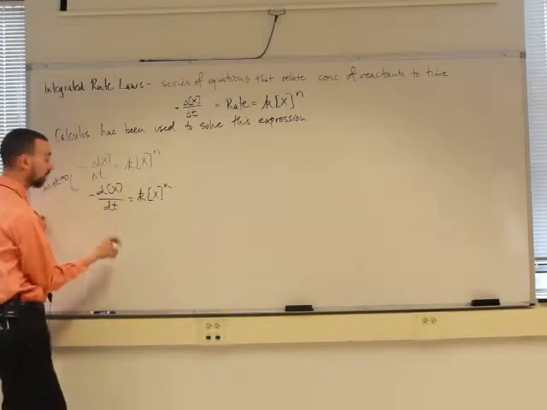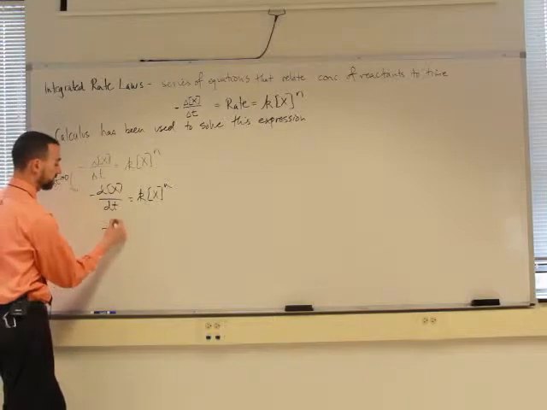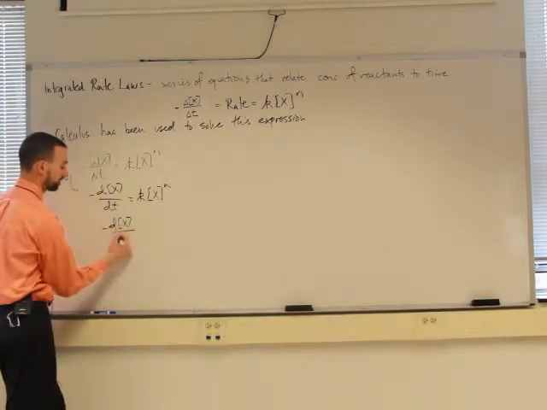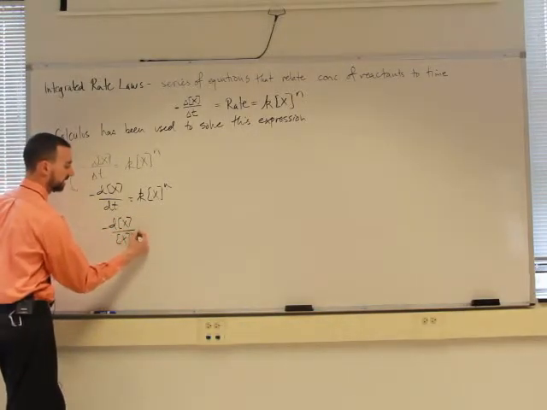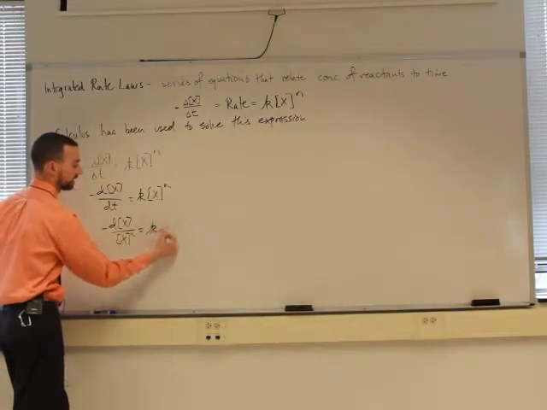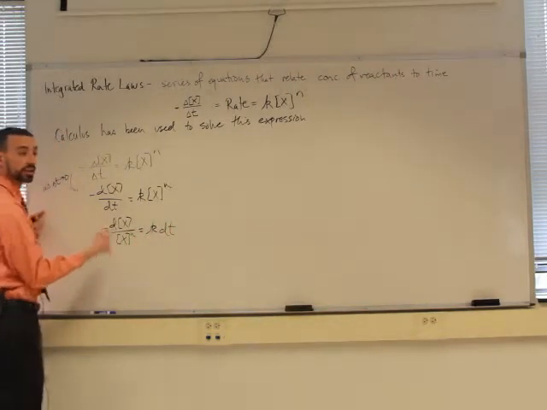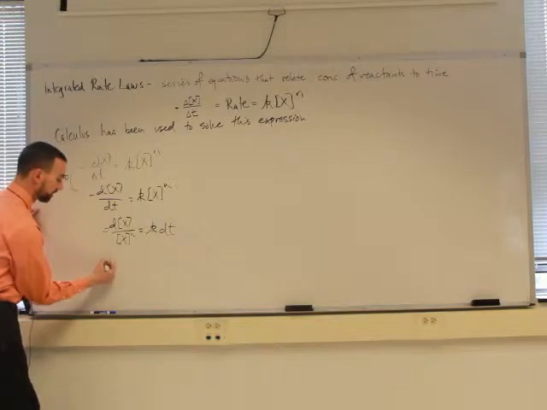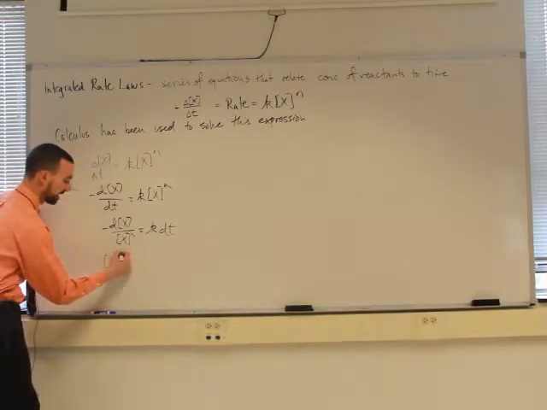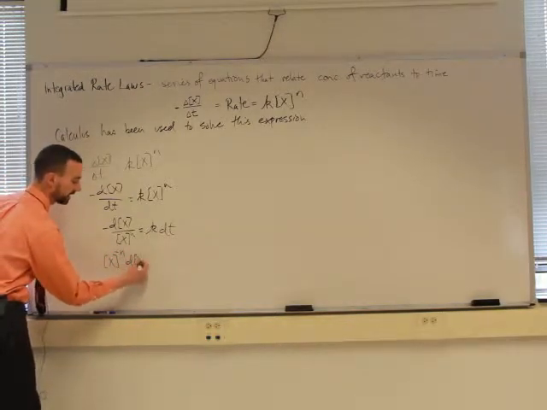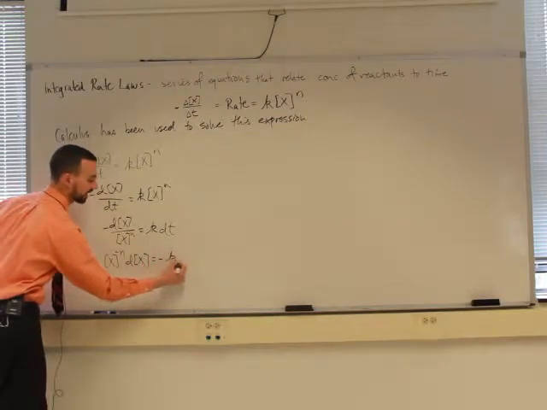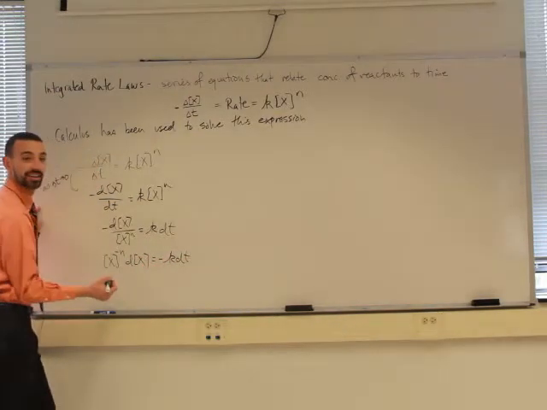So you would want to solve this for negative dx over x to the n equals k dt. In other words, this is x to the negative n dx equals negative k dt.